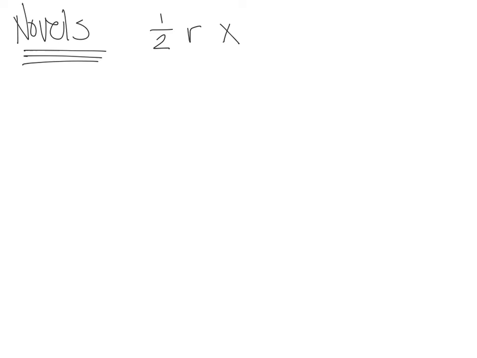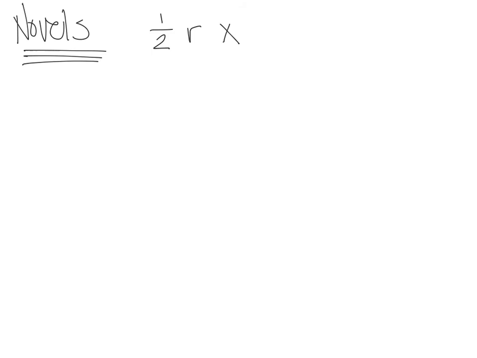So 1/2 the copies of one printer, because remember, this right here is how many novels one printer can print, and this is the amount of printers we have. So if we multiply those, we would get the total number of copies that we've made. And that's the number of copies of novels printed in one day by the entire print shop.